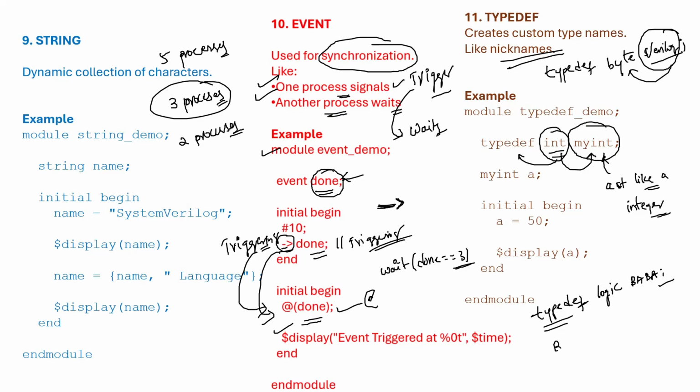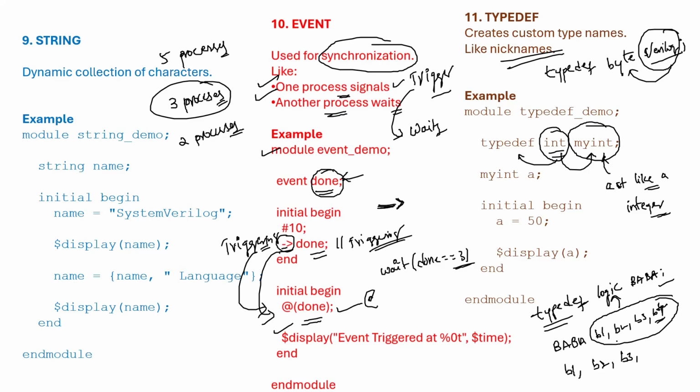Now you can take this Baba as a logic data type, and then Baba 1, Baba 2, Baba 3, Baba 4. In this way, you can represent different data types. All these act like a logic data type. Where you are using b1, that also acts like a logic, b2 also acts like a logic, and b3 also acts like a logic.